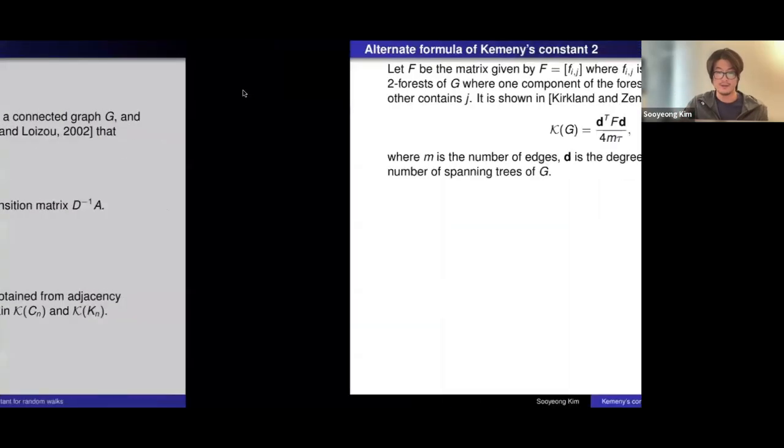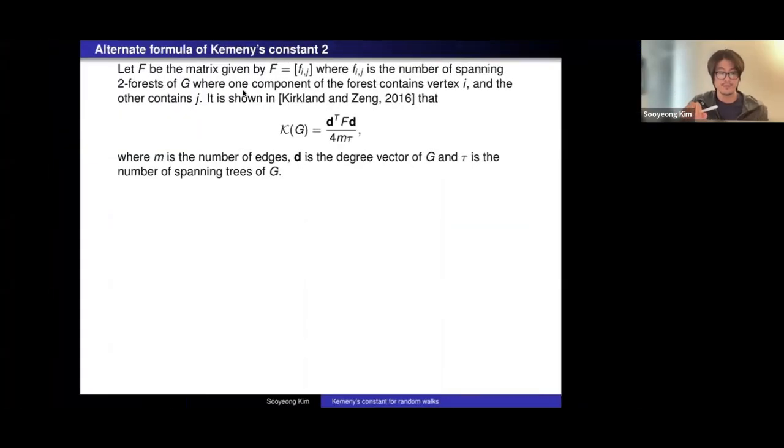And then there's another formula. This is in a combinatorial setting. This formula is really good because it makes a sort of bridge between Kemeny's constant and Markov chain theory to enumerative combinatorics.